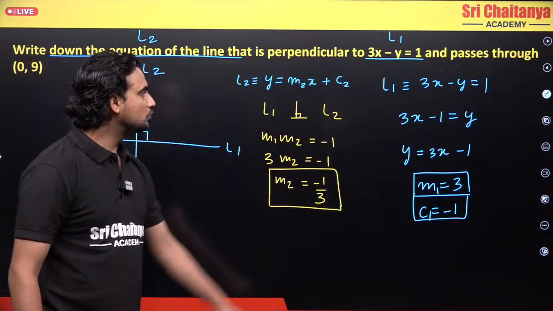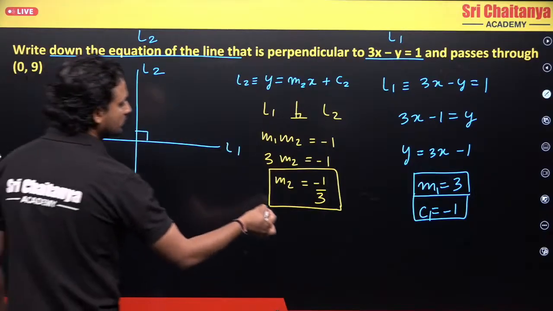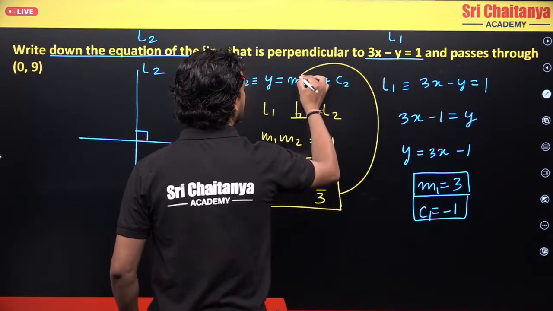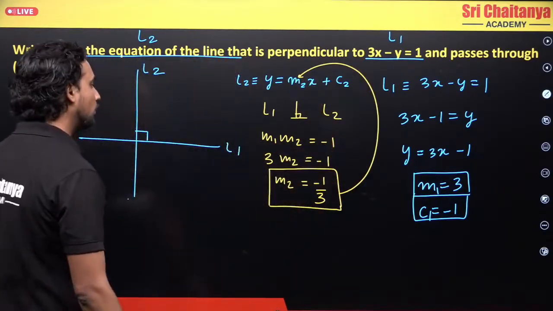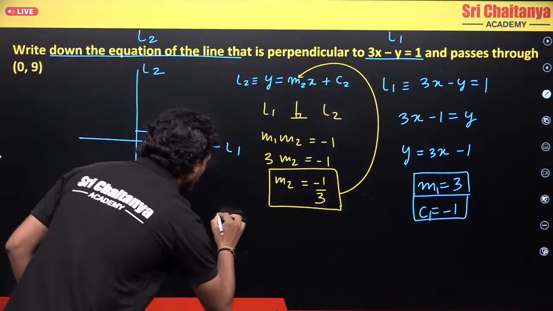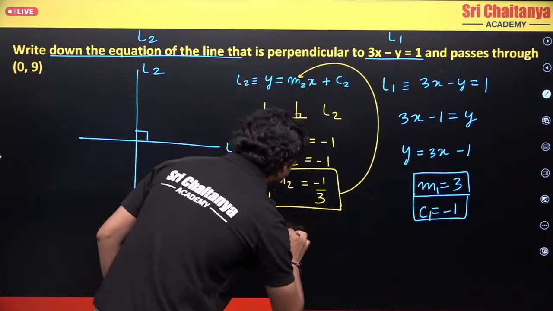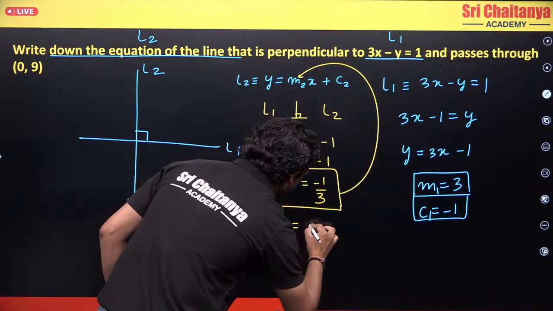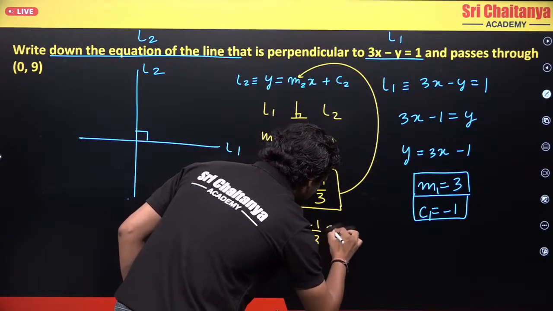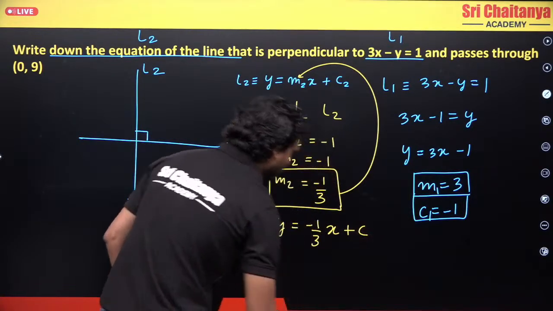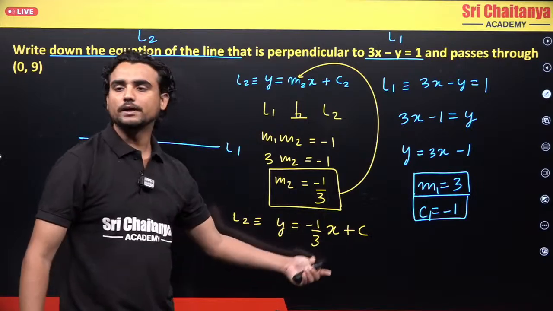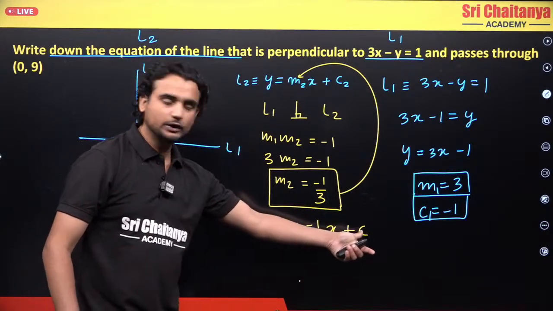I know the value of the slope, so let's substitute in the equation. If I substitute in this, what do I get? L2 will be y is equal to M2, that is -1 by 3x plus c. So I have the value of slope here, but do I know the value of c?